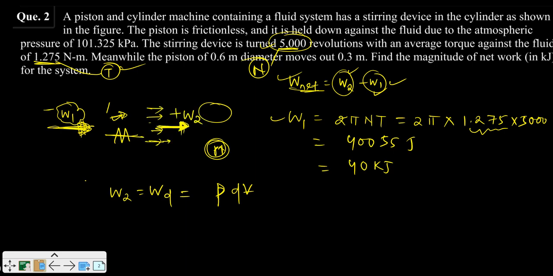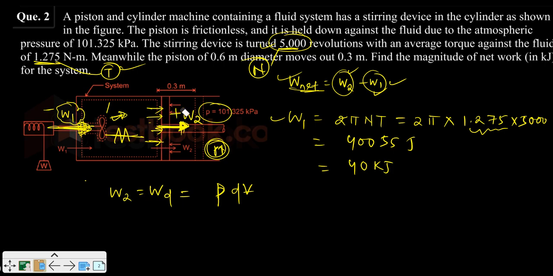So if the process is happening continuously, we can treat this as a quasi-static process and the system pressure will remain constant, right? In this case the pressure is constant and it will be the atmospheric pressure. We can calculate the change in volume, since we know the diameter of this cylinder and the displacement.